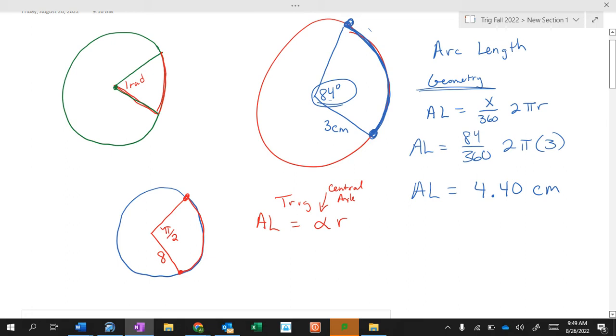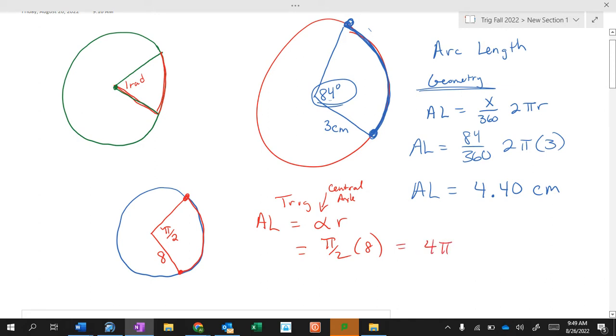So it's just alpha r. That's all it is. So we take pi over 2 times 8, which gives us 4 pi.